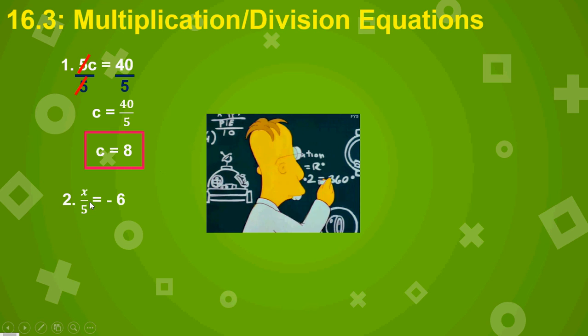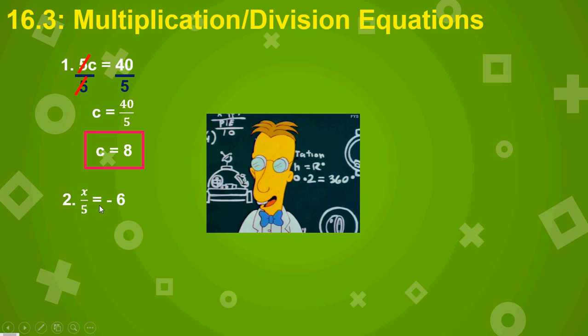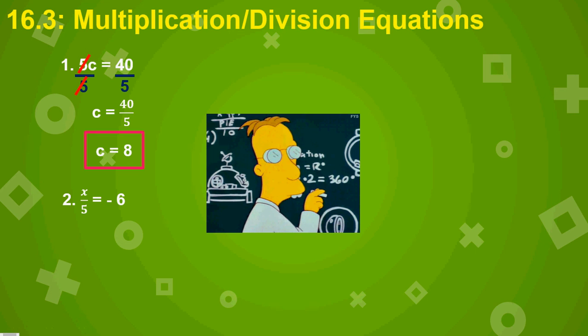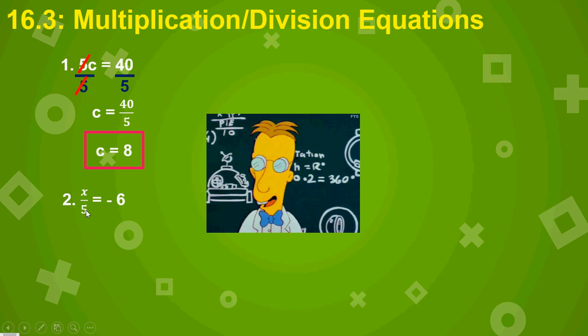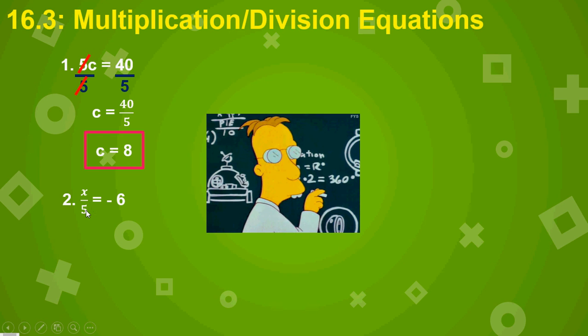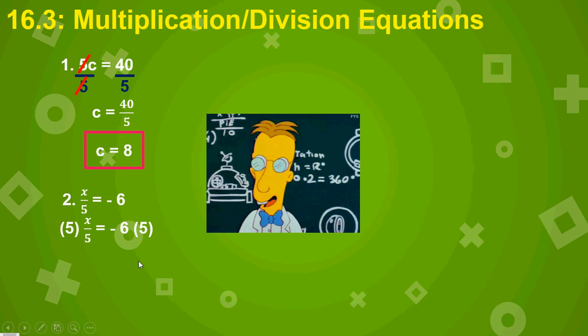Okay, number 2. I have x over 5 equals to negative 6. Okay, in this case, guys, the 5 es el que me está estorbando con la x. This 5 it's dividing. So if it is dividing, I'm going to multiply both sides. Okay?